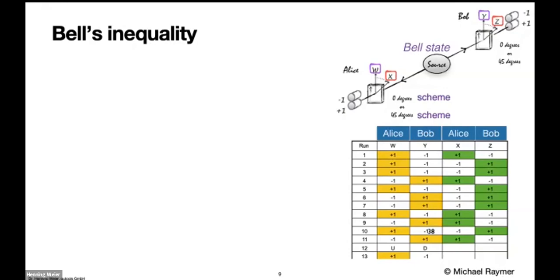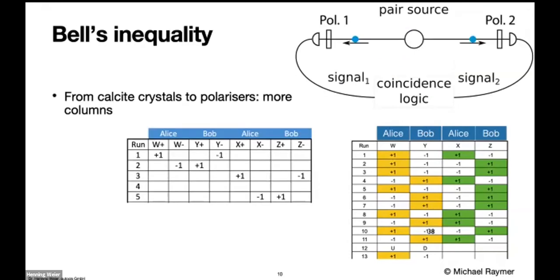So we're going from the calcite idea to the polarizer idea. This is not very difficult, actually. The only thing that basically changes is that for this one value that you have in the calcite crystal case, so for the W setting, now you have a W plus where you can only detect the +1, and the W minus where you can only detect the -1. And that's the same for all these settings.